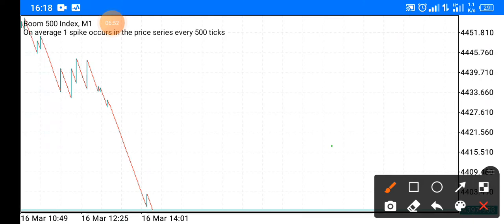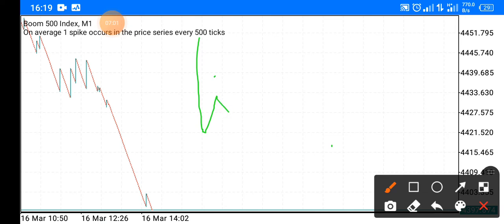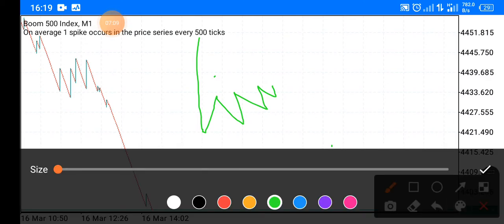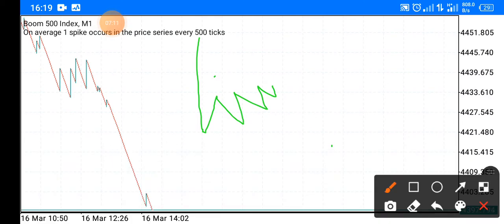For a wedge, we're going to be creating something like this. We're in a downtrend, right? Then the market does something like this. A flag is not compressed. It's sort of like a rectangle, a small channel. But for a wedge, we're creating a small triangle.